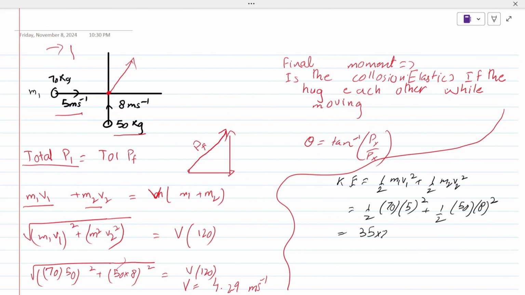So 35 multiplied by 25 plus 25 multiplied by 40... sorry, my mistake, it would be 64. It would be 64.